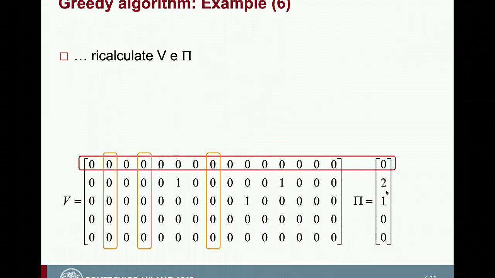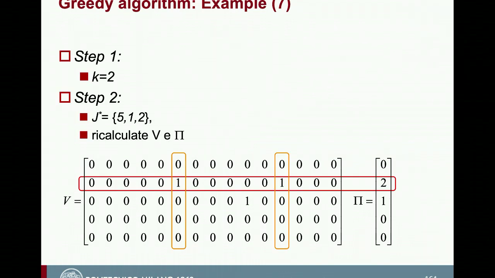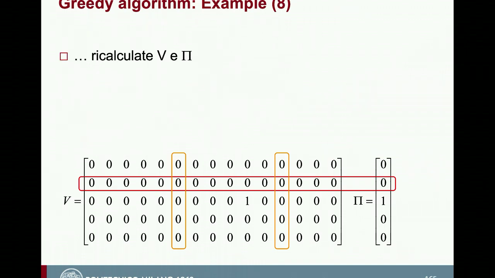Now we can move to the third step, which is this one here. In this case, of course, we are adding the candidate site number 2. This is covering 2 test points. Again, we recalculate everything, eliminating these 2 test points from the problem.